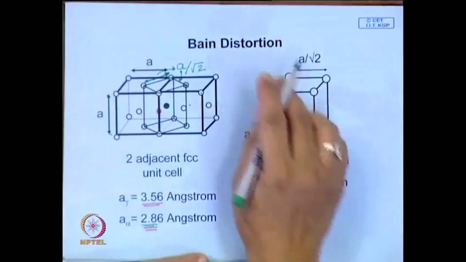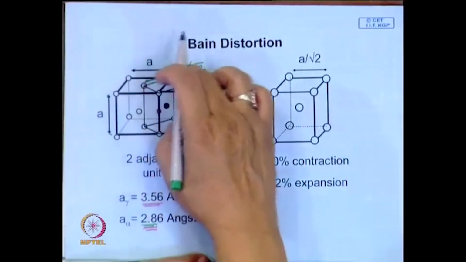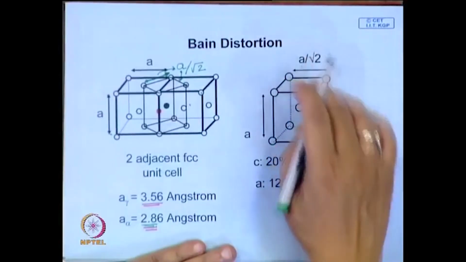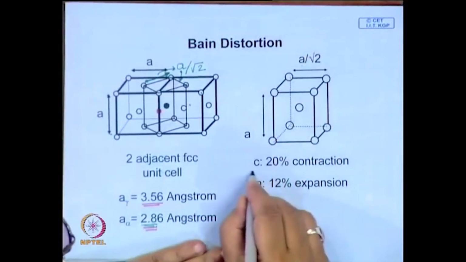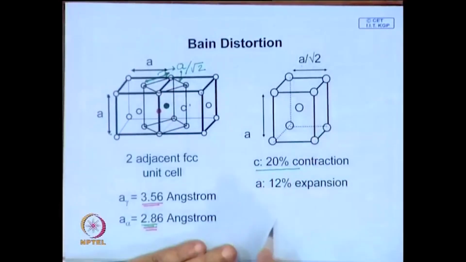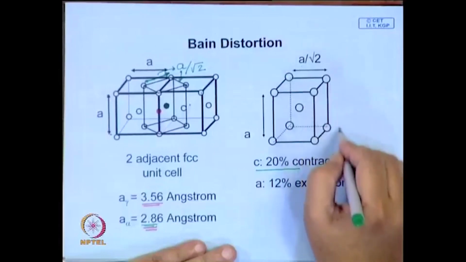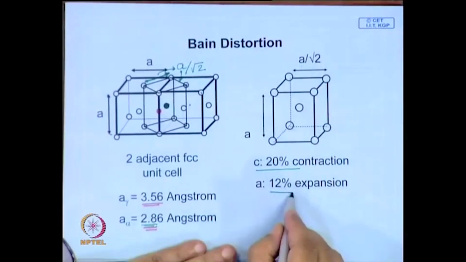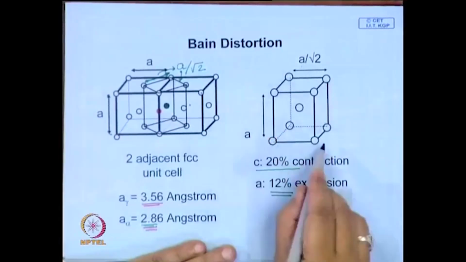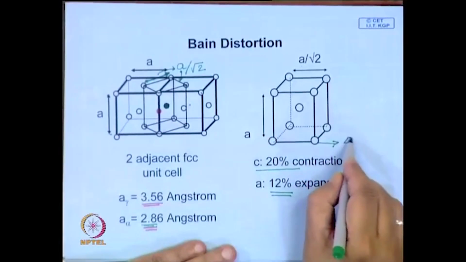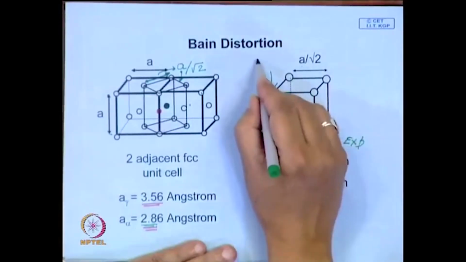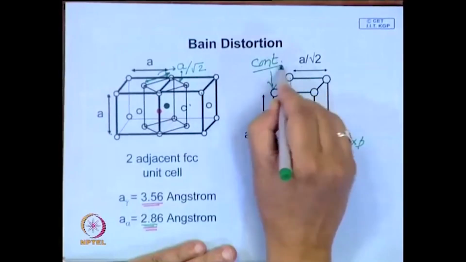So, you will have to transform this unit cell to a martensite unit cell, you have to give this kind of deformation, 20% contraction along the z direction or along the c axis, and it will expand 12% along this direction, expansion, and in this direction you have to have contraction.